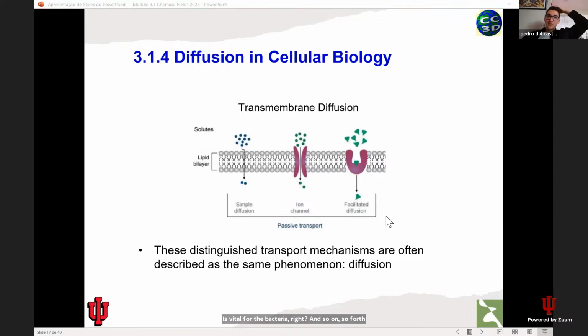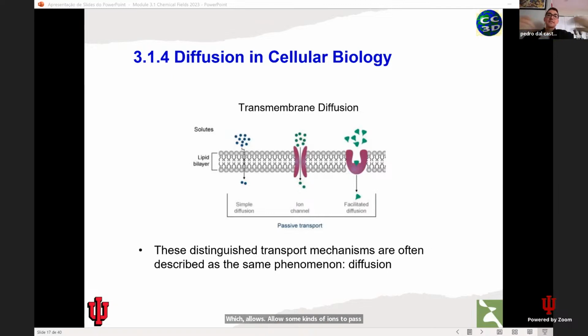There are many ways molecules can traverse a membrane, okay? So for example, it can traverse merely by diffusion. So by chance, it crosses the membrane, like oxygen. Oxygen can do this. There are also the ion channels, which allow some kinds of ions to pass and not others.